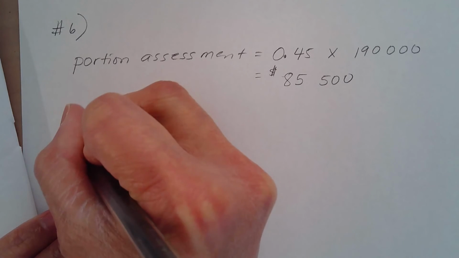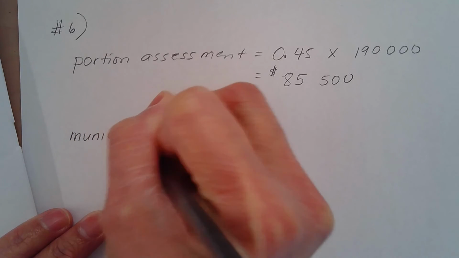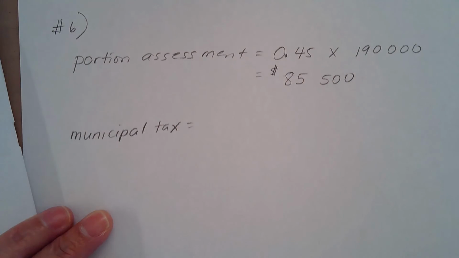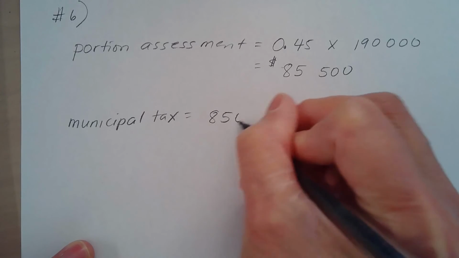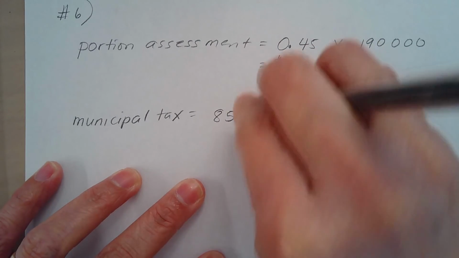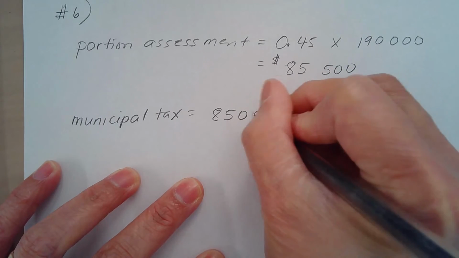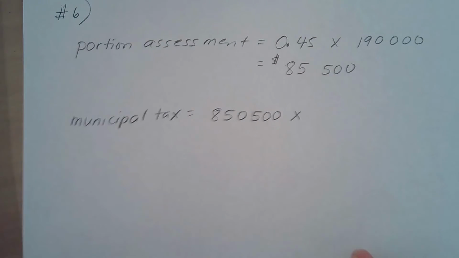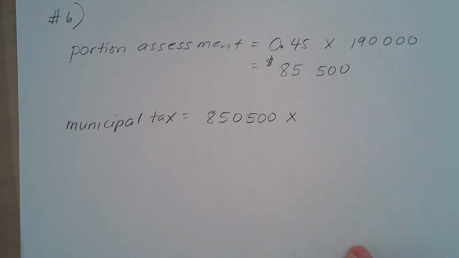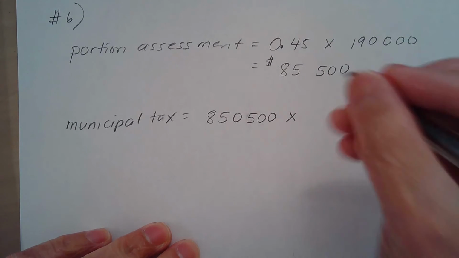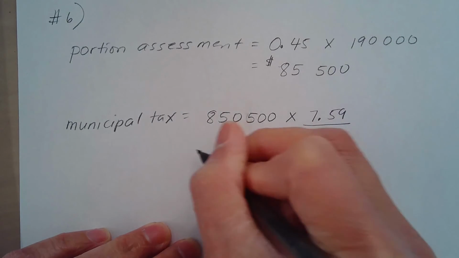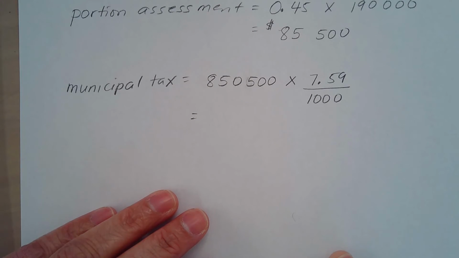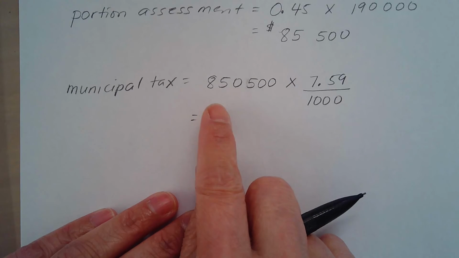What else do we need to do? Municipal tax. Okay, municipal tax is portion assessment, which we calculated, 85,500, times the mill rate for municipal rate, which is 7.59 mils per 1,000. What did I just do?